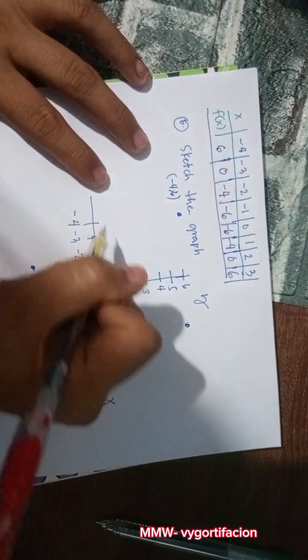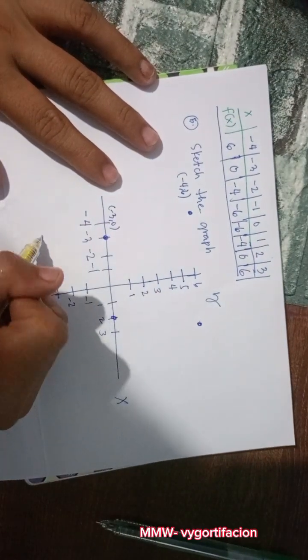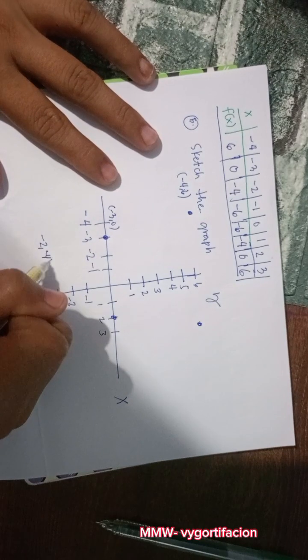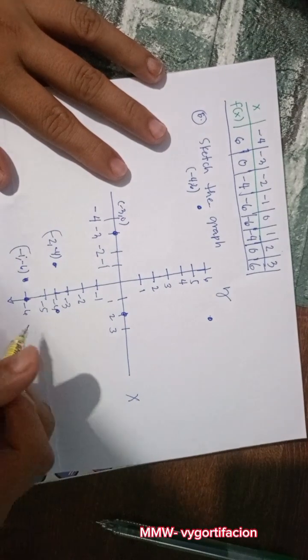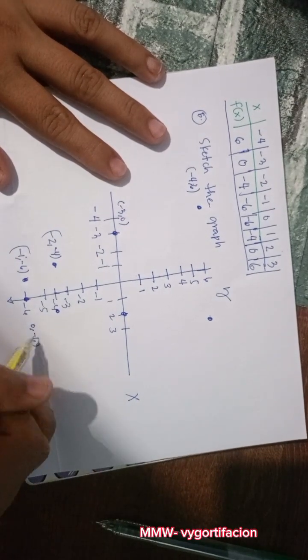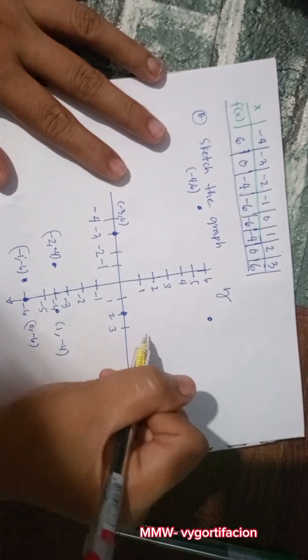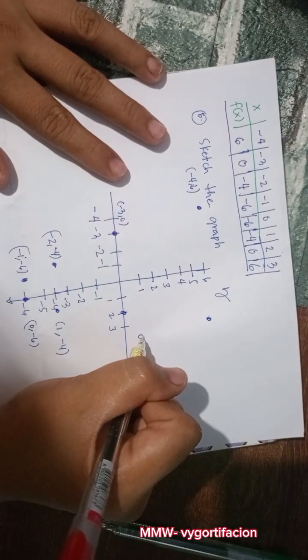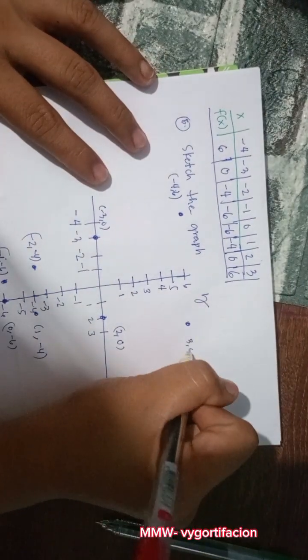So this will be negative 4, 6; negative 3, 0; negative 2, negative 4; negative 1, negative 6; 0, negative 6; 1, negative 4; okay, 2, 0, and then 3, 6.